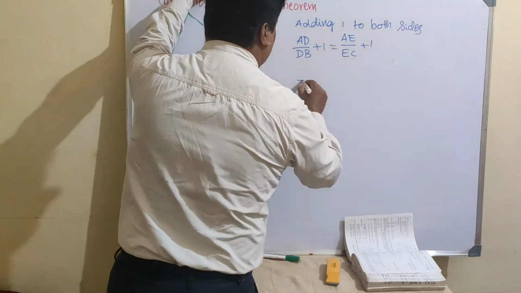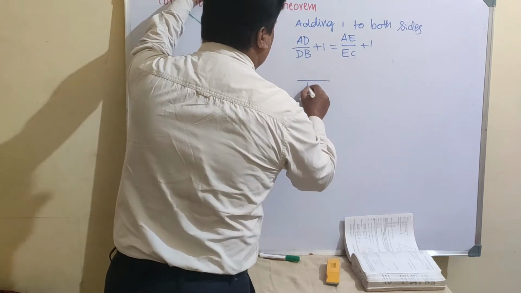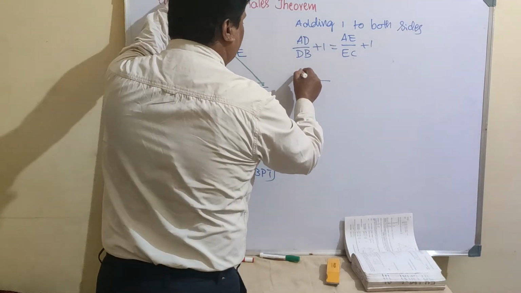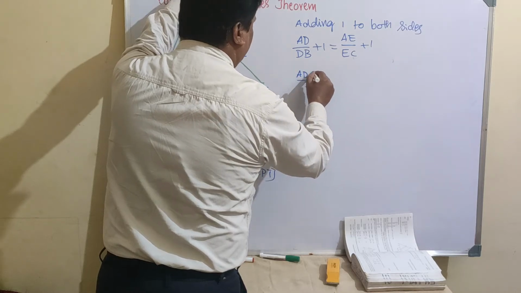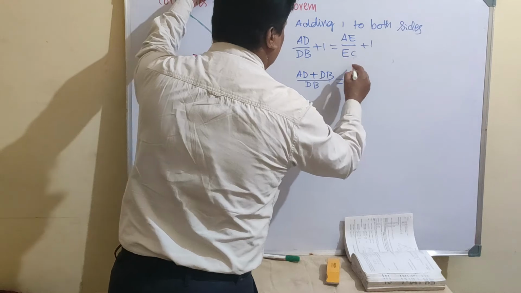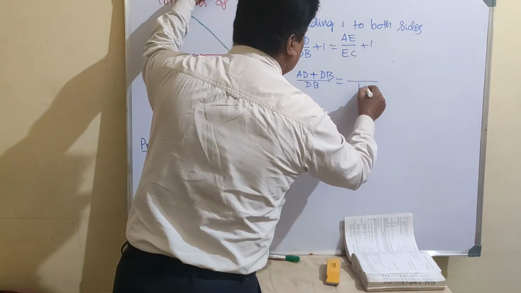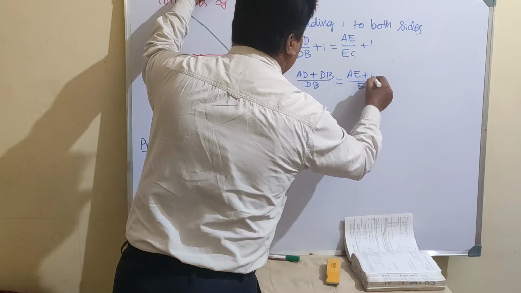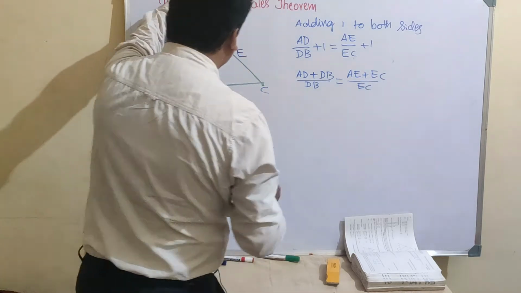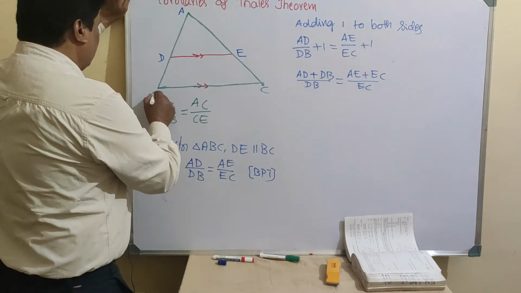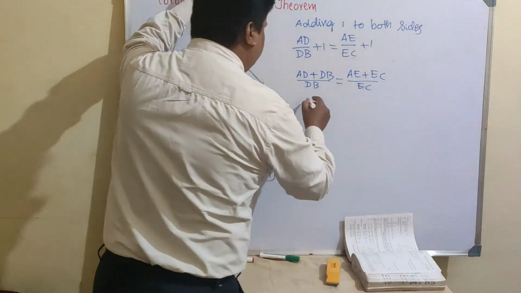If we take DB as the LCM, then we will get AD plus DB, and here EC is LCM, AE plus EC. Here AD plus DB gives the length AB.